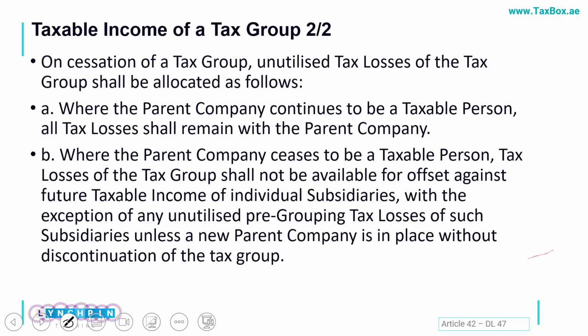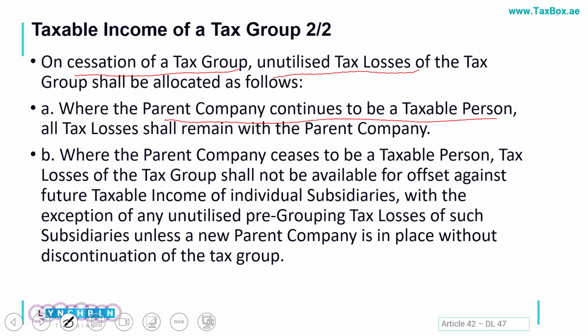Now there could be some scenario where we may cease a tax group. Once we cease a tax group, what it means is that the tax group will not exist, and there could be some unutilized tax losses. In this case, we have two scenarios which have been specified by the CT, where the parent company is still continuing to be a taxable person.